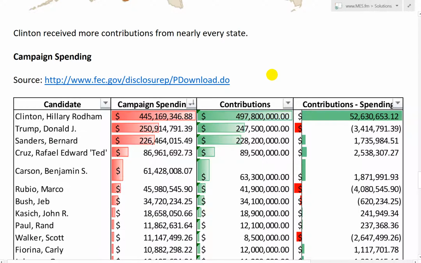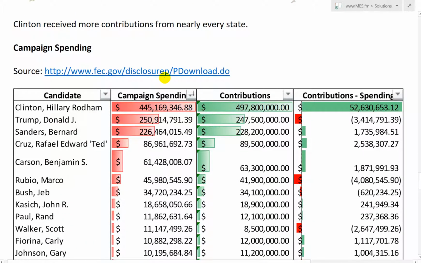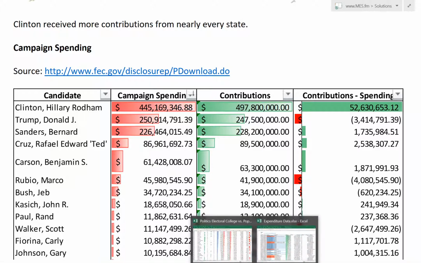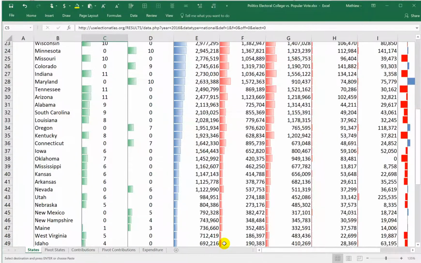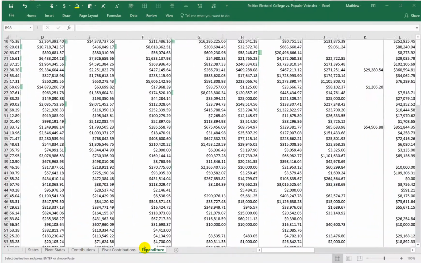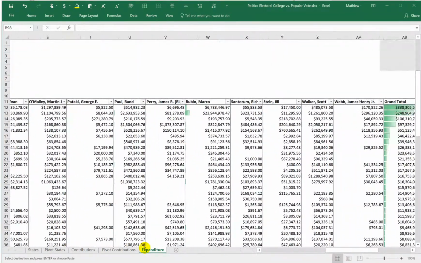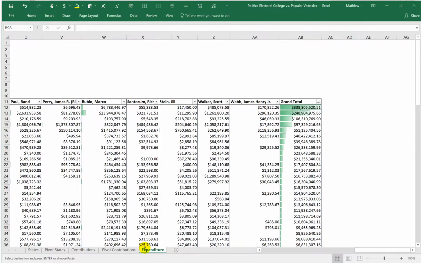And now when we look at campaign spending, and again the source is here, I've downloaded that in the expenditure file here. This is for each state where they're spending their money, for each candidate in each state, and I have these all across, and then the grand total.